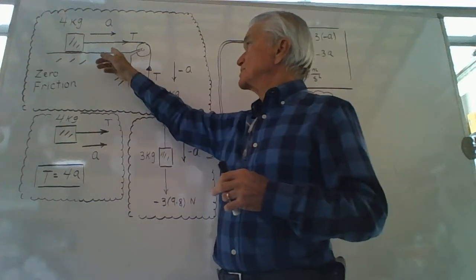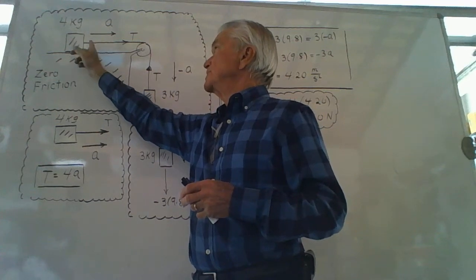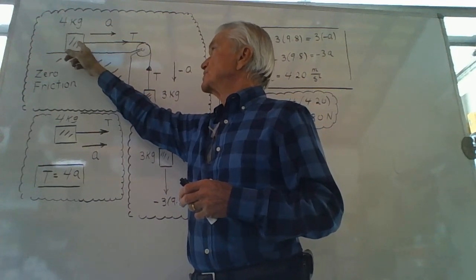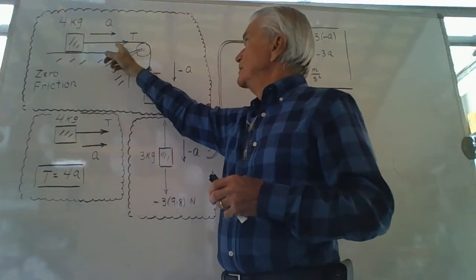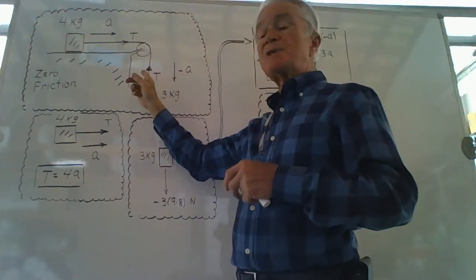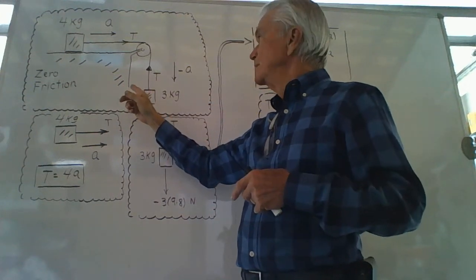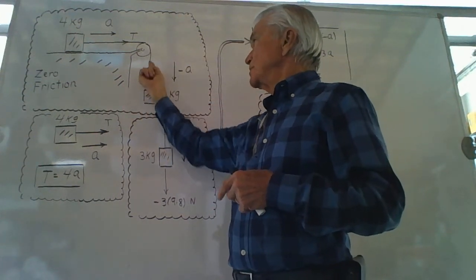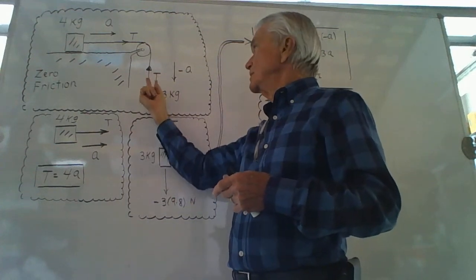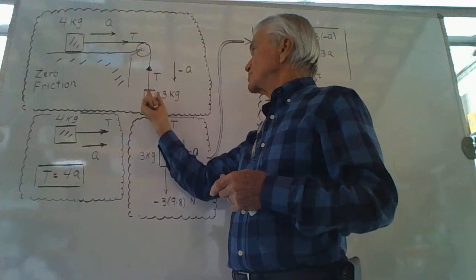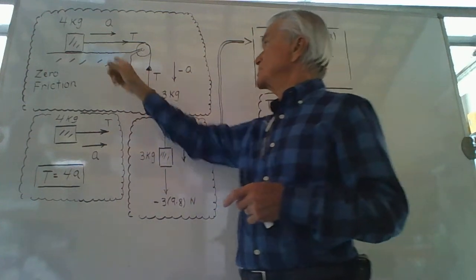So this string is exerting a force to the right equal to the tension in the string, a force to the right on the 4 kilogram object. But at the other end of the string, the same force is applied to whatever is attached to that end. And that force points upward as far as the 3 kilogram mass is concerned, upward. And the force the string exerts on the 3 kilogram mass is a tension. Same number as back here.